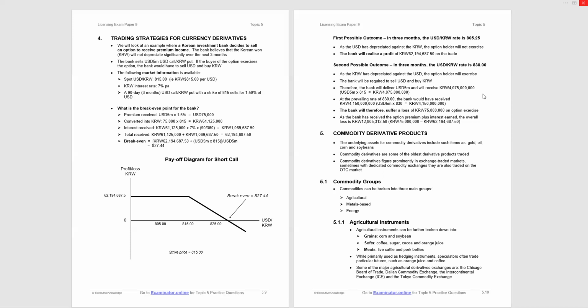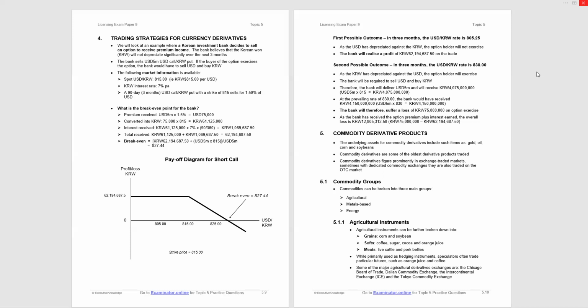The second possible outcome in 3 months is that the won depreciates against the US dollar and the rate goes to 830. The bank will be required to sell US dollars for the won because the option will be exercised. Therefore, the bank will deliver the $5 million US, and this time will receive at the strike price of 815, 4,075 million. Lots of large numbers in won.